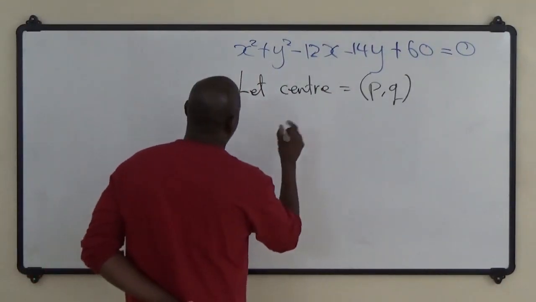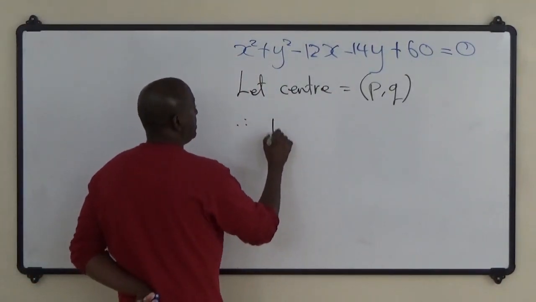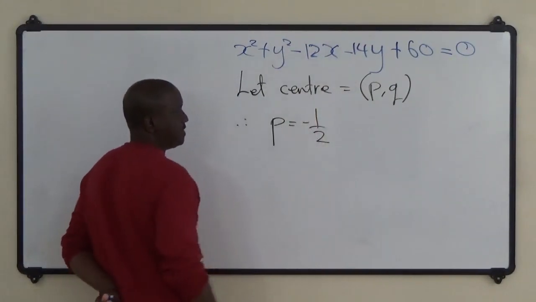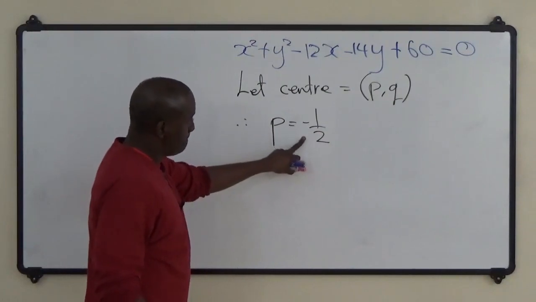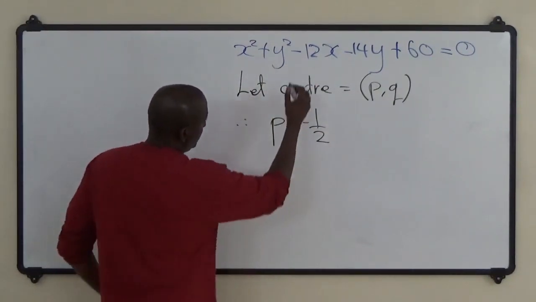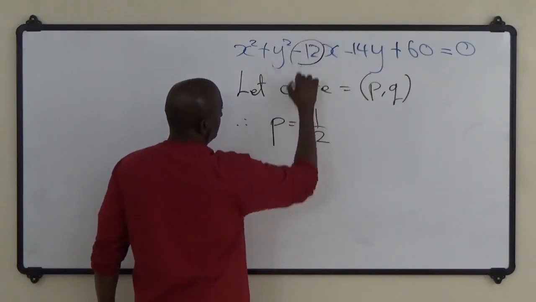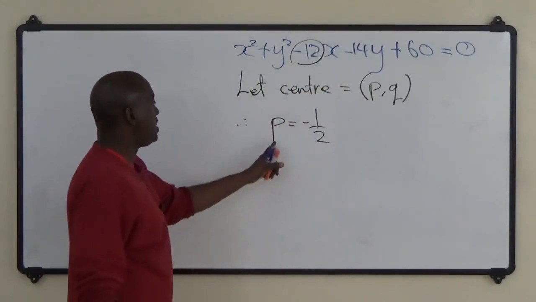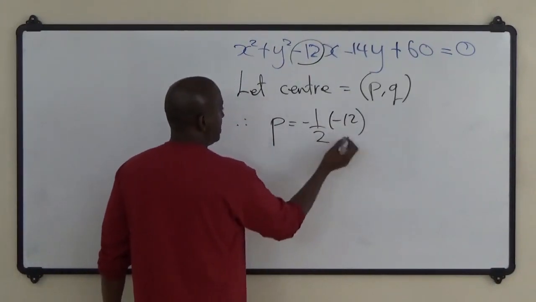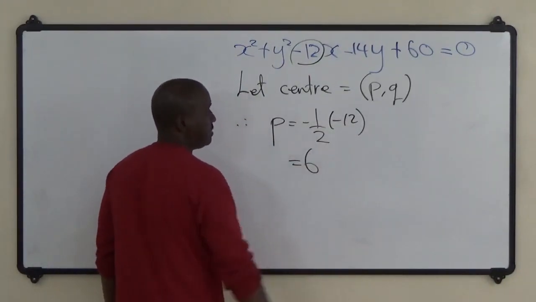We know that P is equal to minus a half of whatever the coefficient of x is. The coefficient of x here is minus 12. So P is minus a half by minus 12, which is, guess how much? 6.